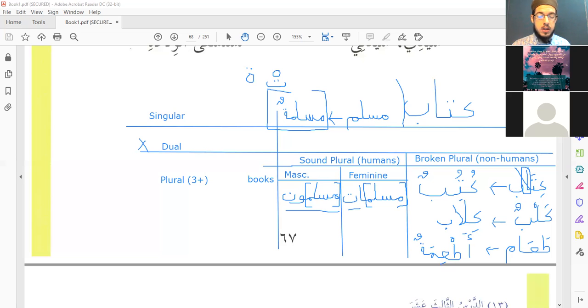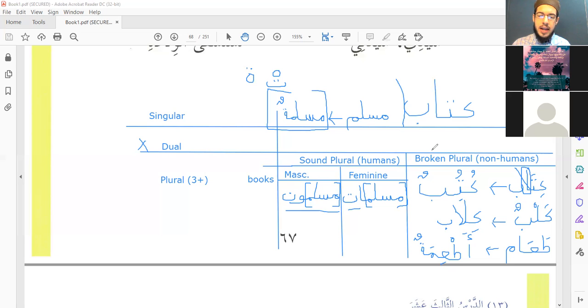Not in the singular, in the plural. And that affects what type of plural it's going to have. Things that are humans or applied to humans will have a sound plural matching their gender, either masculine or feminine, which is very easy. You can learn it in one day, no problem.